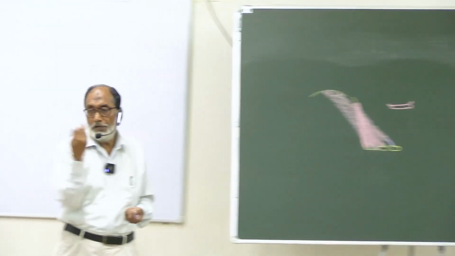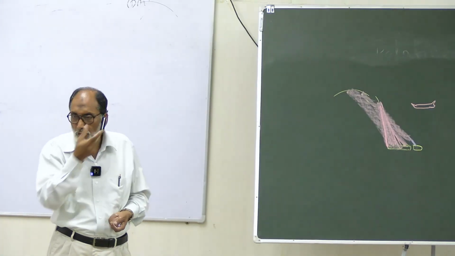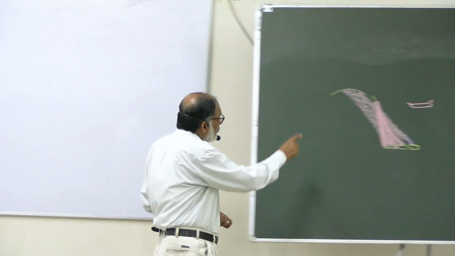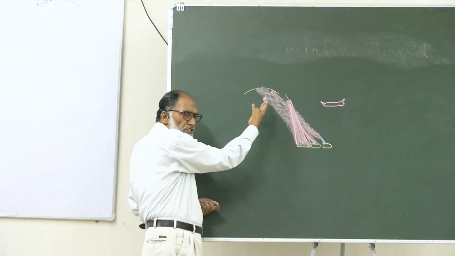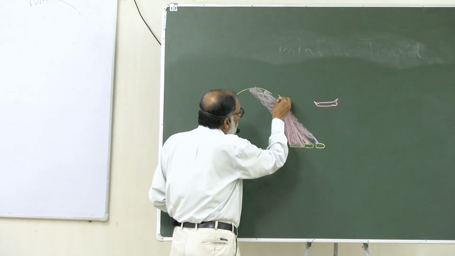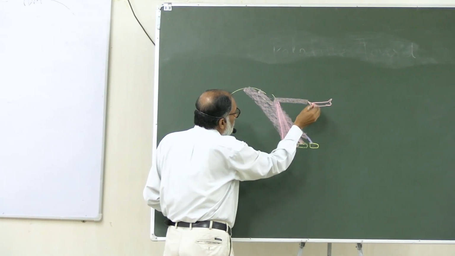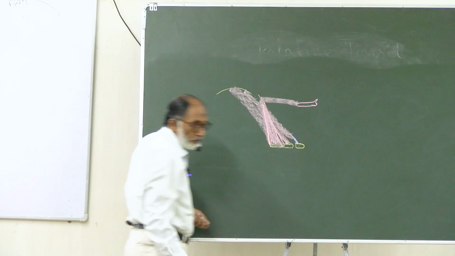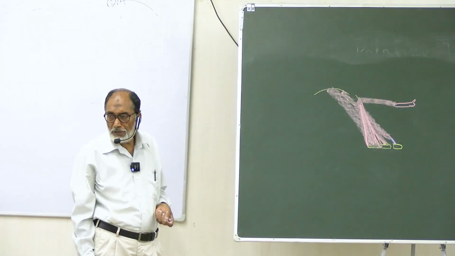From the inner aspect of the mastoid process takes origin the posterior belly of the digastric. So this is the mastoid process, from its inner aspect it comes to the hyoid. Right? This is the posterior belly.